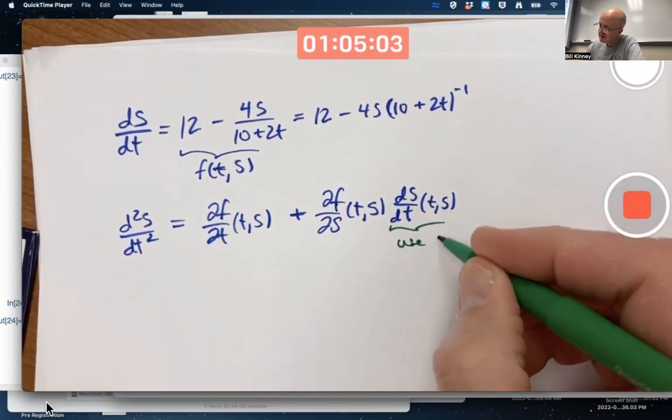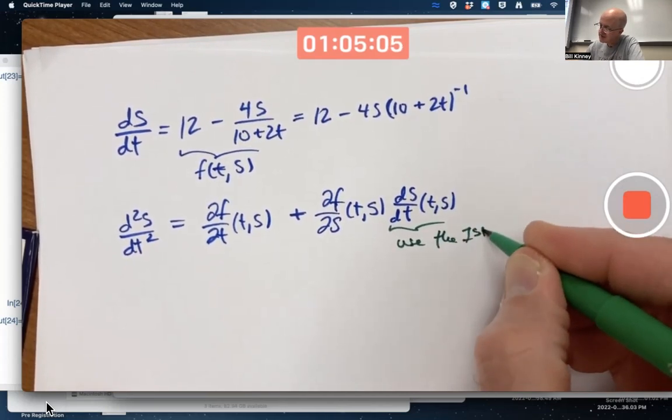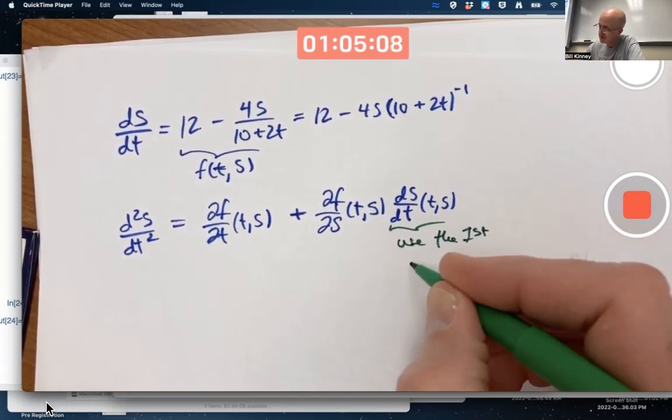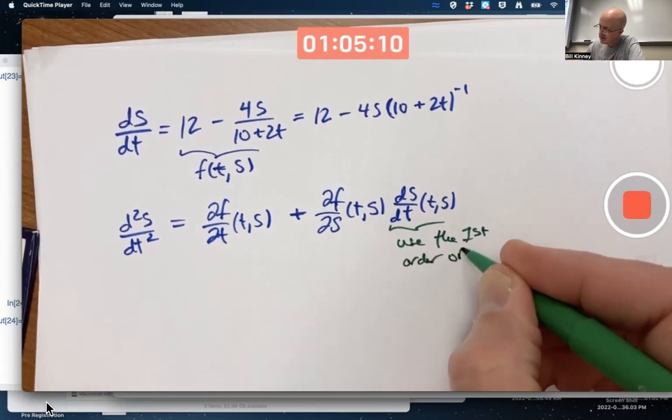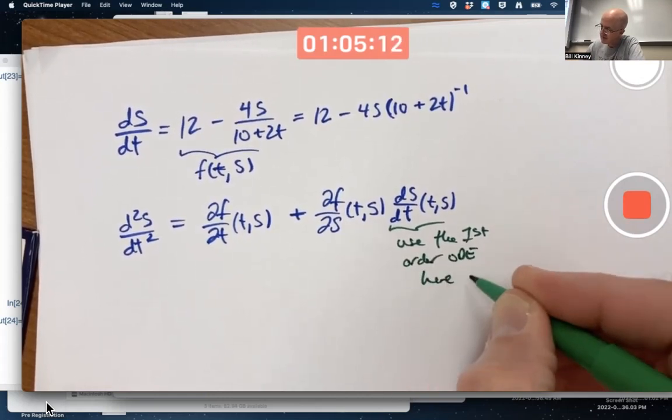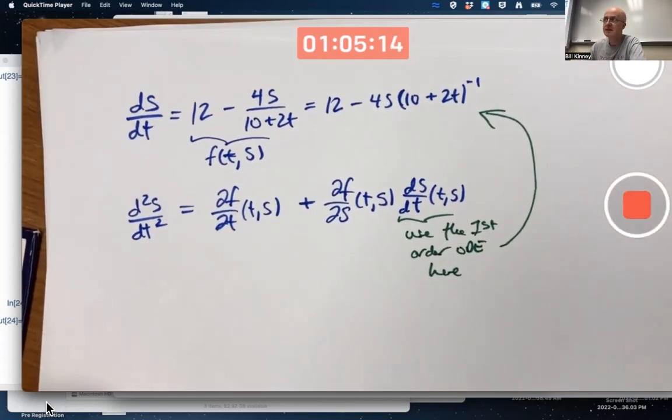Use the first order ODE here, meaning this one, to simplify. This is really the key step, actually.